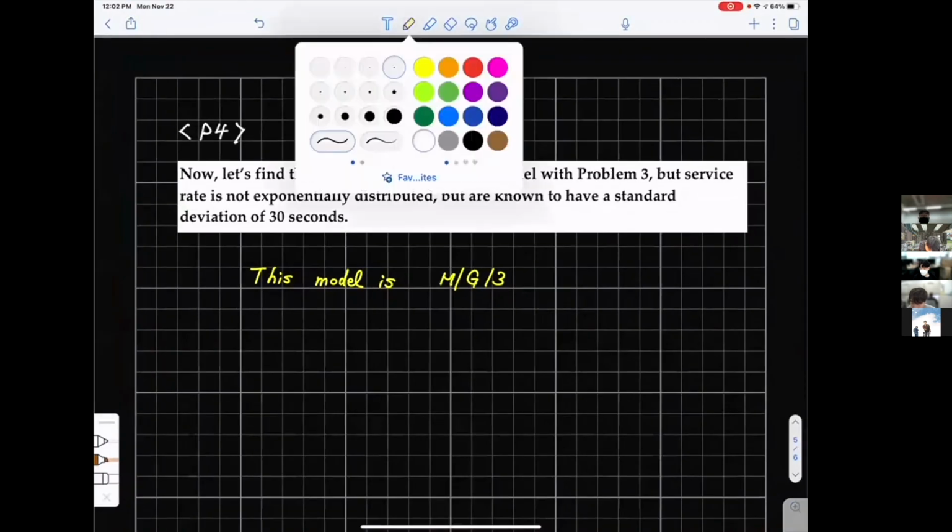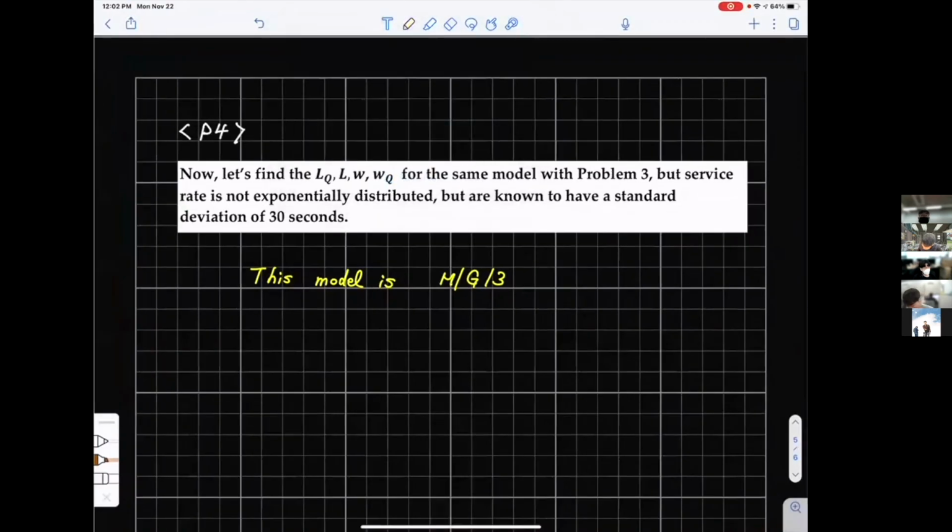It means that the correction factor is like this in the book of Factory Physics.